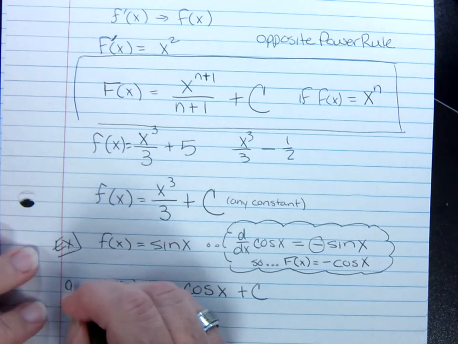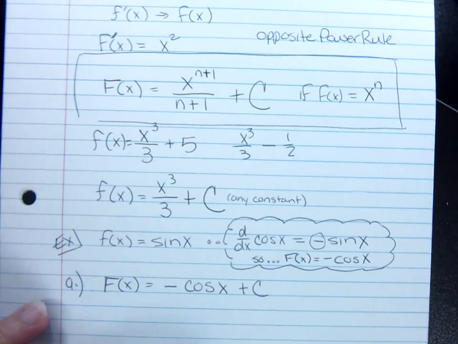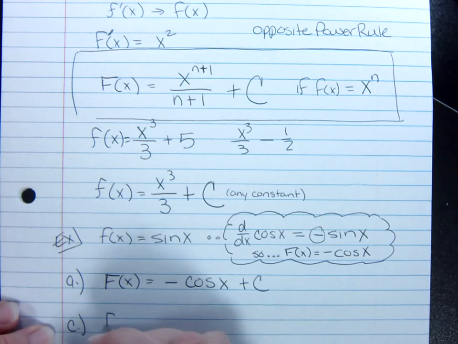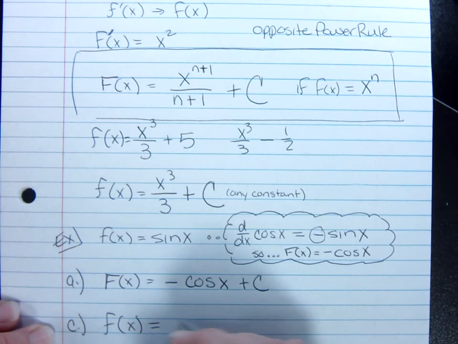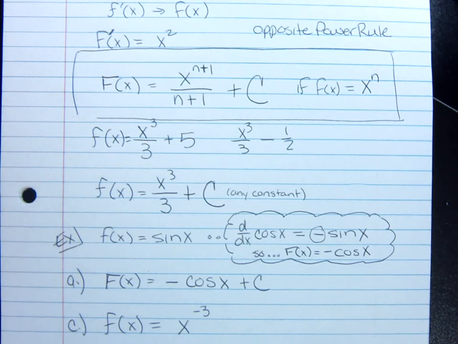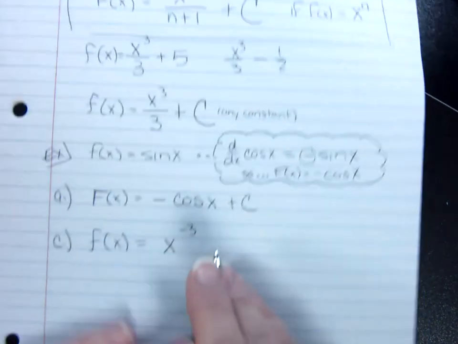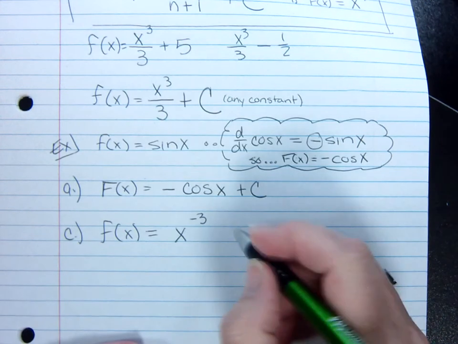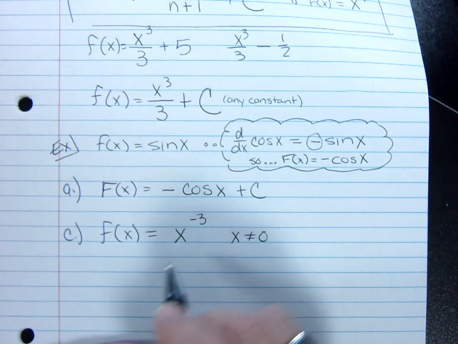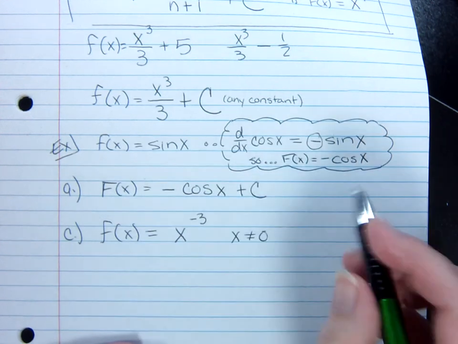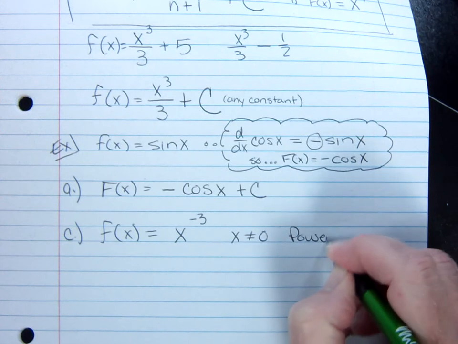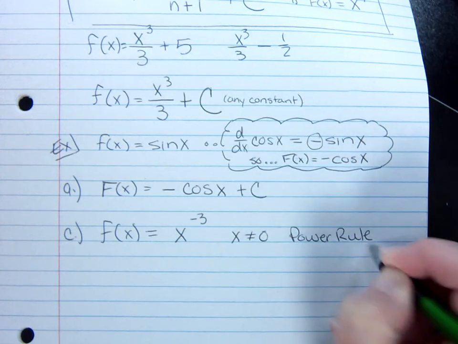So I'm going to skip that and we're going to go take a look at example C. Example C says f of x equals x to the negative 3. So we know here by inspection already that x cannot equal 0 because this is 1 over x cubed. So that we want to make sure that we recognize. And we want to, again, use our power rule to solve.